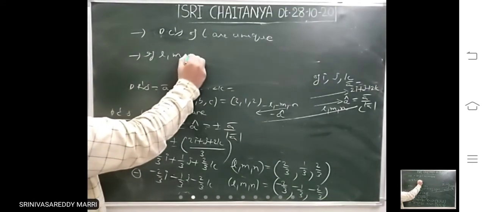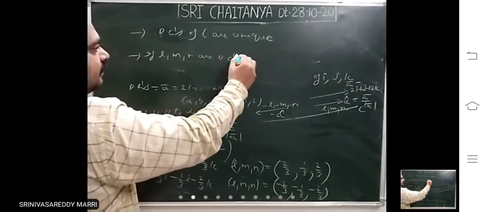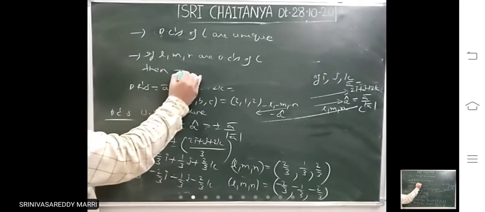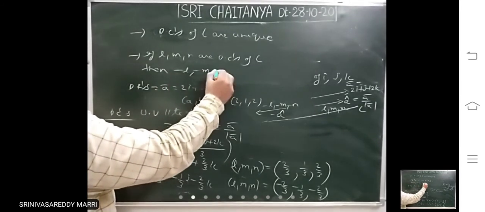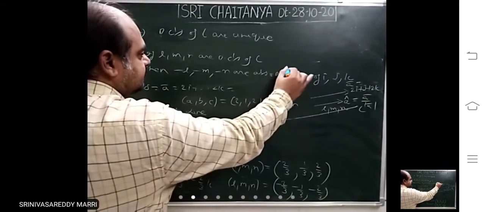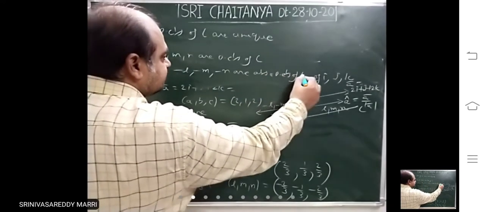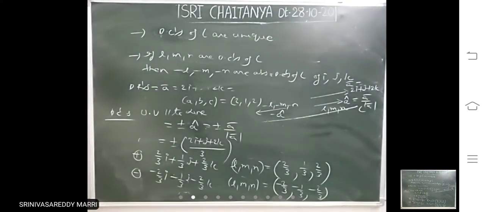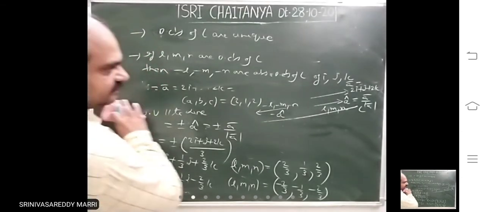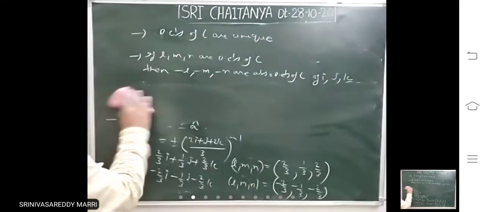If L comma M comma N are DCs of L, then minus L, minus M, minus N are also DCs of L. He can give any answer: LMN for the unit vector on one side, or minus L, minus M, minus N for the unit vector on the other side. Like that, if the vector is known, you calculate the unit vector. That's all. Then you will get DCs.